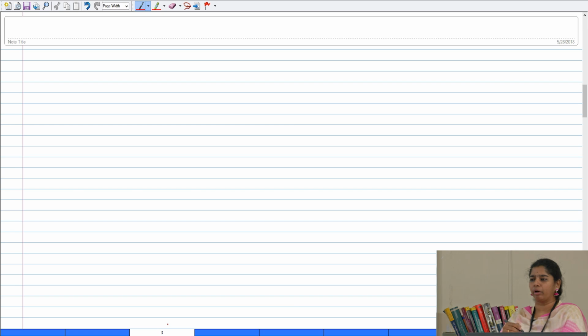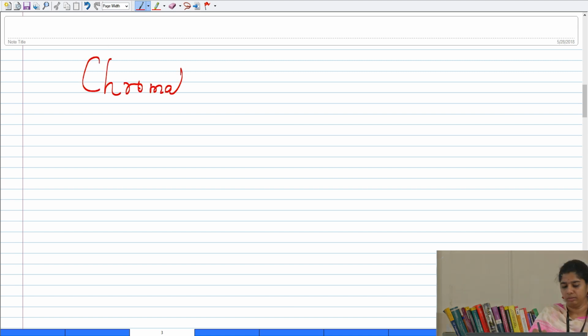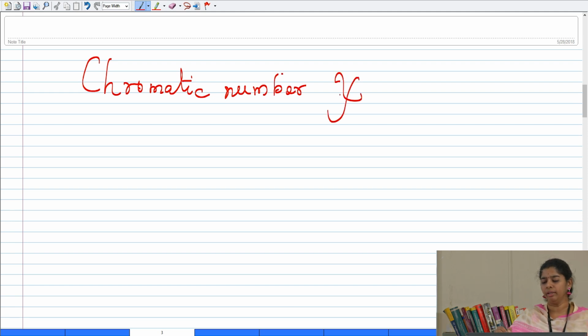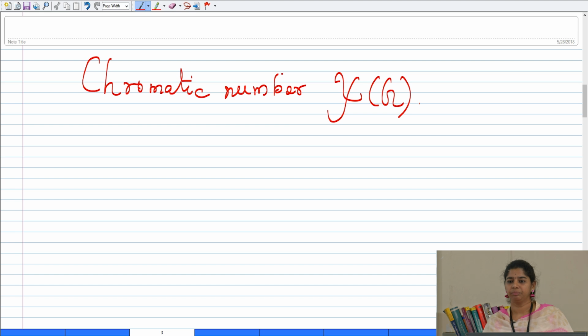Putting this in formal terminology, for a graph, the minimum number of colors that is required is called the chromatic number, and we denote it by chi of G. And the maximal complete subgraph that we are looking for, it is nothing but a clique in a graph.